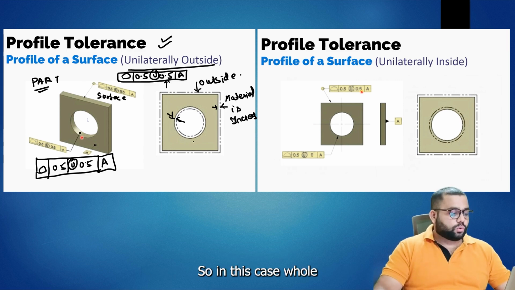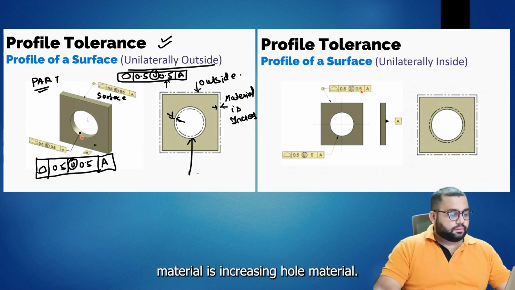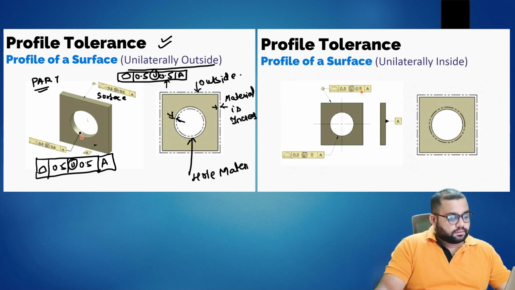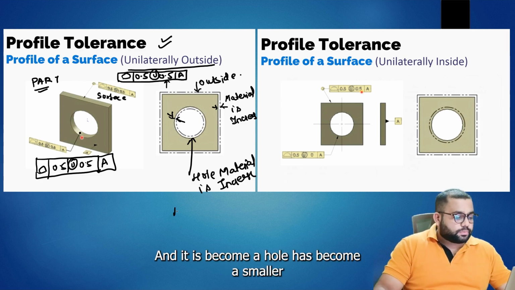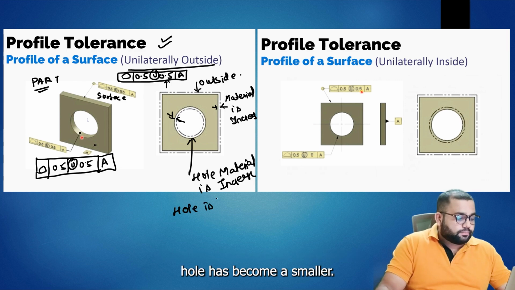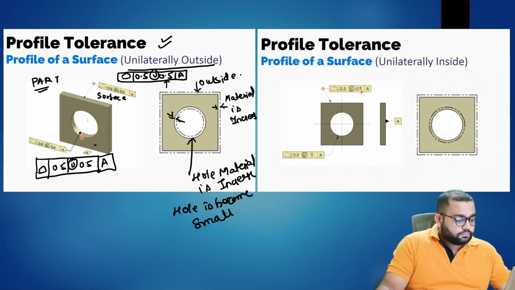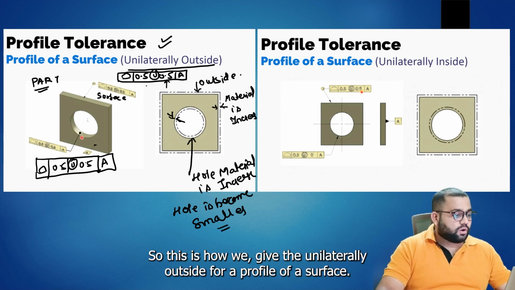So in this case, hole material is increasing, and the hole becomes smaller. Okay. So this is how we give the unilaterally outside for a profile of a surface.